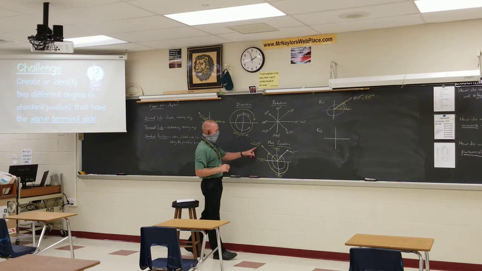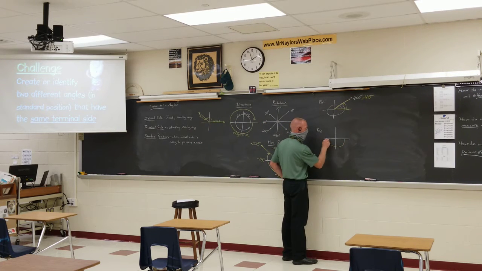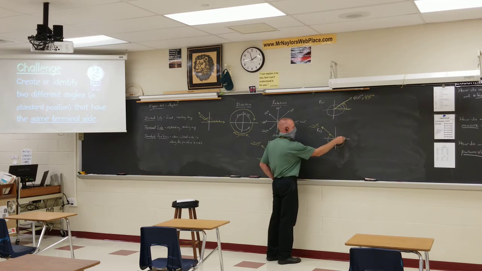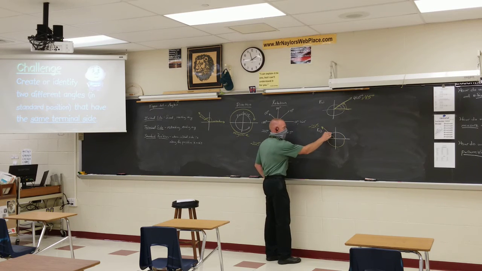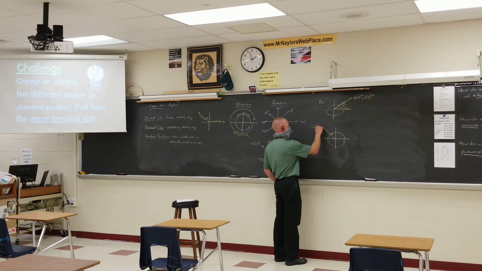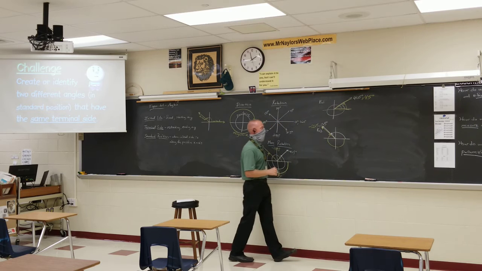Well, maybe you see the one that I drew here, because it definitely is true that if I go to negative 225, that would also mean that I could go to 135. And those two angles stop at the same place. They stop at the same terminal side.